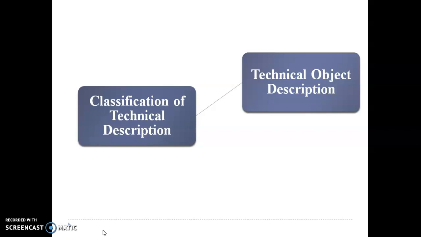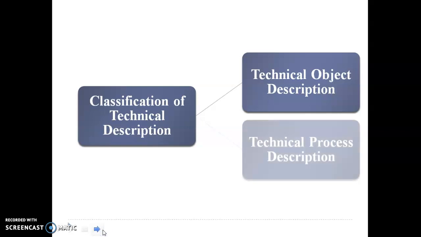All right, whereas the other category of technical description is technical process description, which talks about certain procedures or operations which are carried out mostly in the factories or the industries. Okay, so these are the two different categories or classifications of technical descriptions.